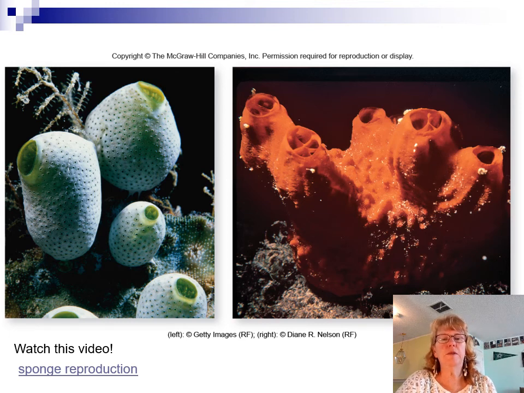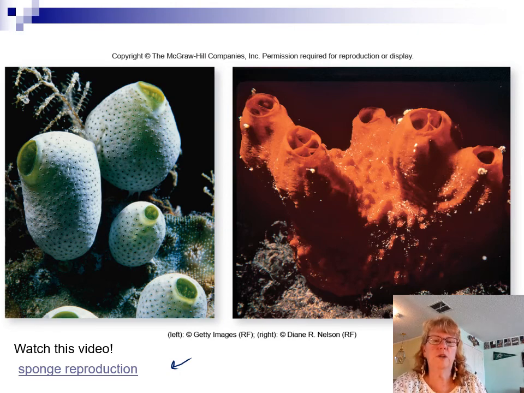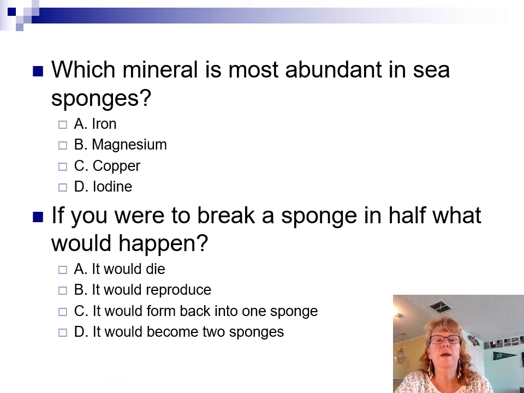So just a couple of different pictures of sponges. You can see different sizes, different shapes, different colors. I added a video here on sponge reproduction so you can see their production of sperm and egg and how that happens in the water. And then just for perspective here, a couple of questions to think about.